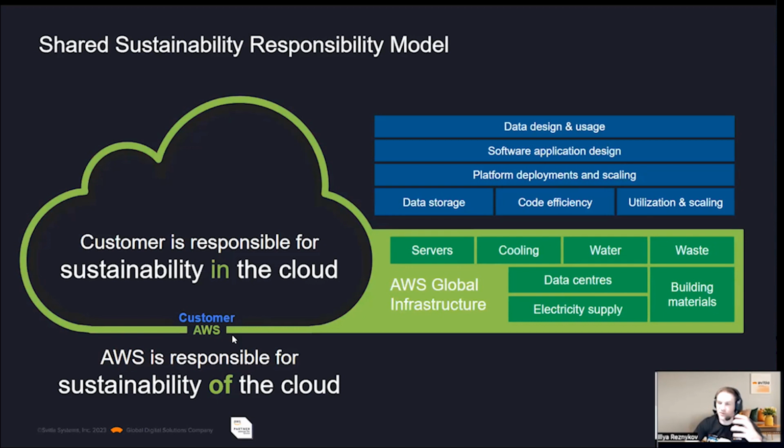But AWS provides us recommendations to use resources in a way that our workloads will use fewer physical resources, which allows us to decrease energy consumption, water consumption, and so on.